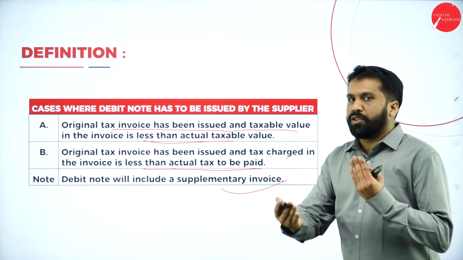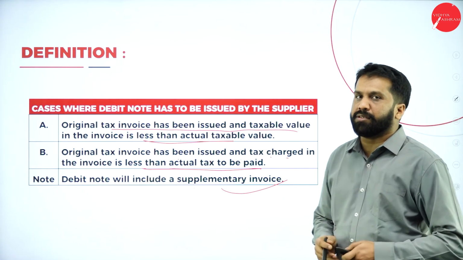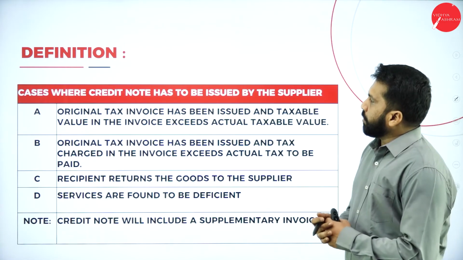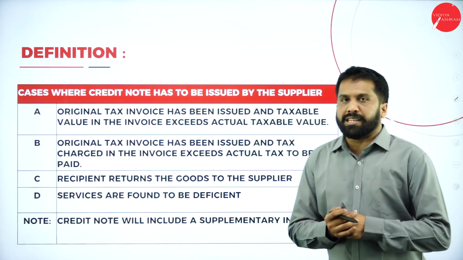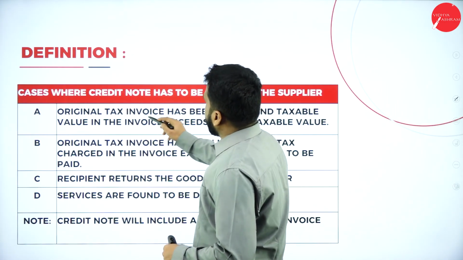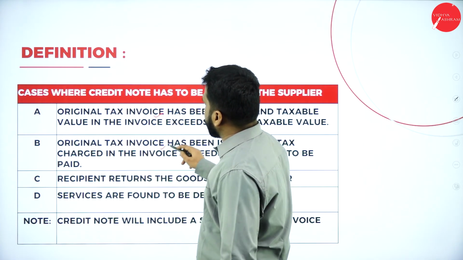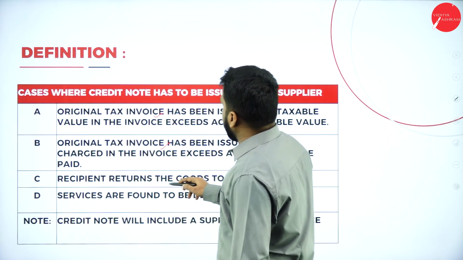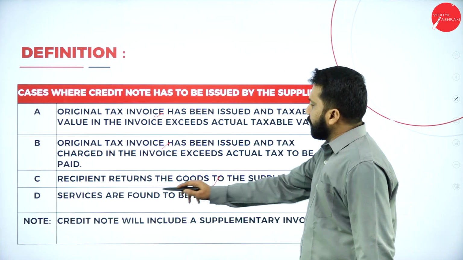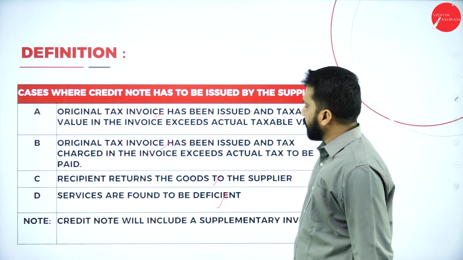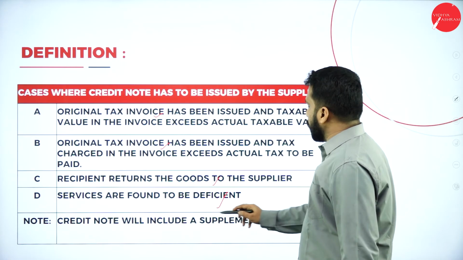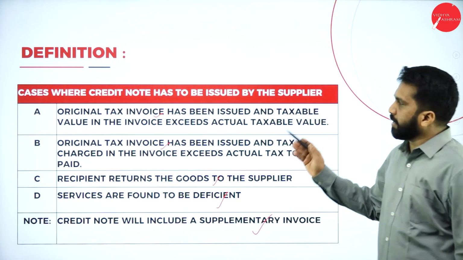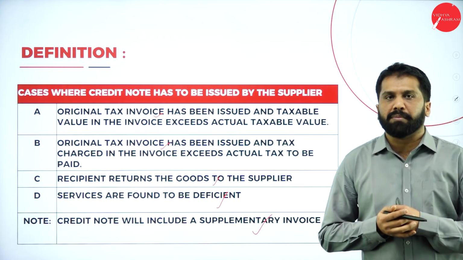Along with the invoice, you have to attach the debit note and issue it. Cases where credit note is issued, same procedure, original tax invoice: recipient returns the goods, services are found to be deficient, and credit note will be included as supplementary to the invoice. These are the things you are supposed to remember.